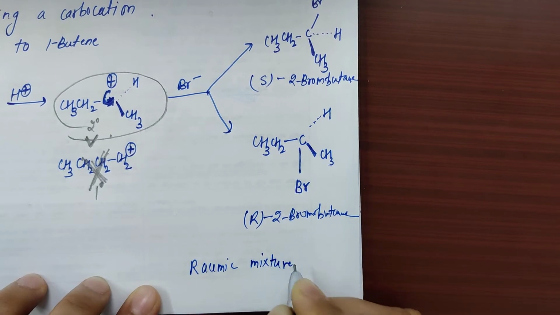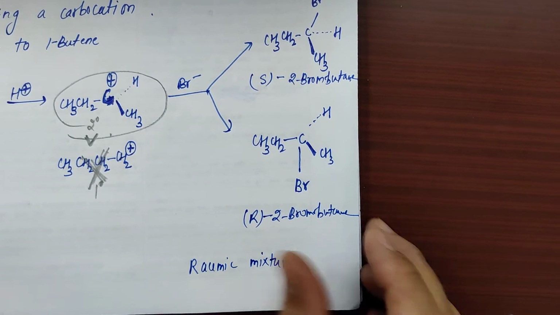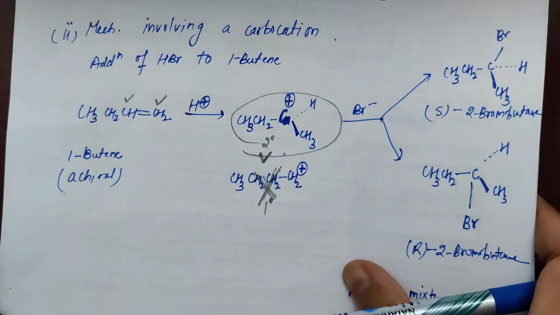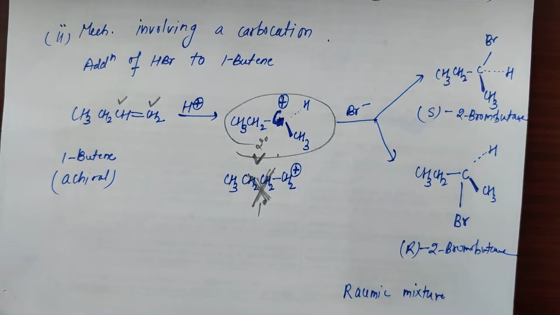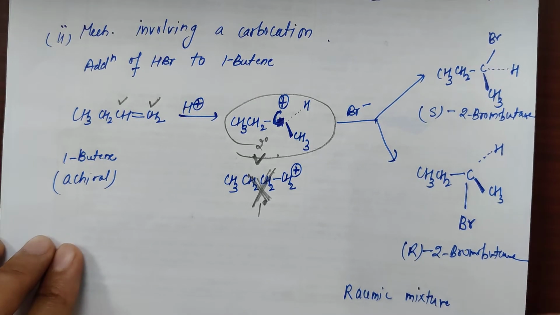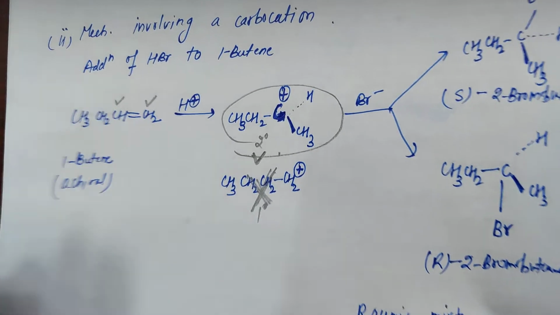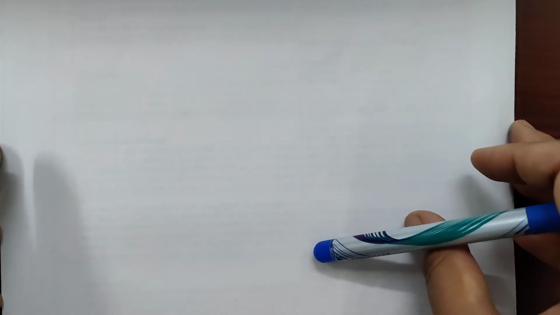Okay. So now if we have to see another mechanism that you might not have studied, it is if the product involves epoxidation. Okay. So in that case also there is a possibility of obtaining a racemic mixture.